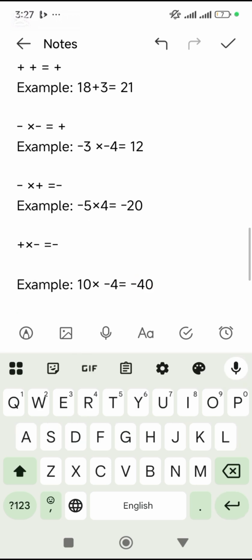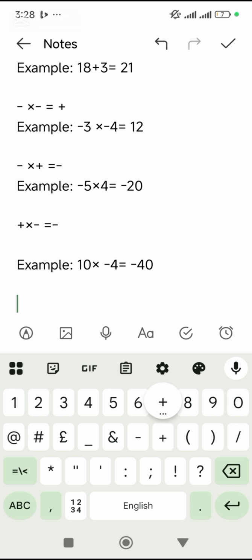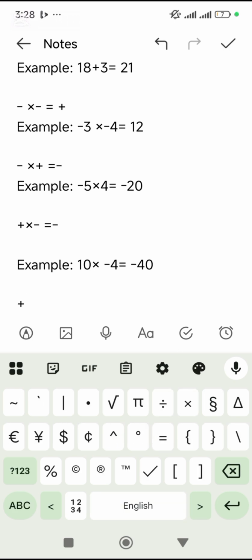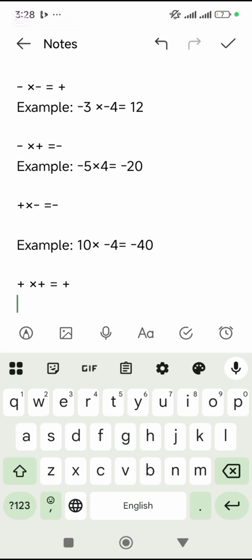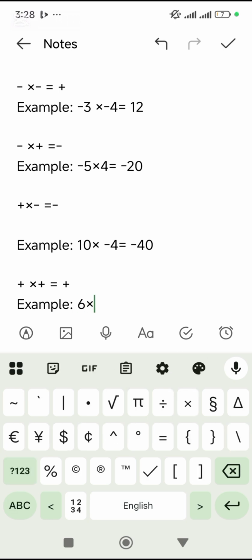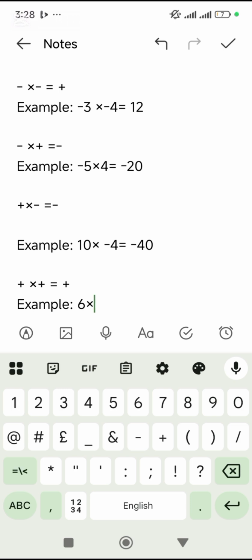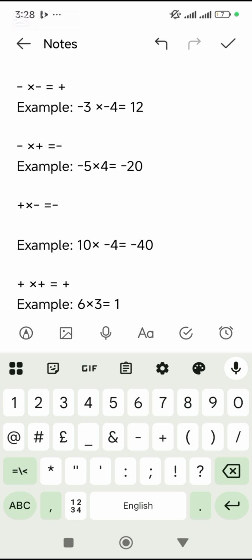Okay, and we can equally have plus times plus, that one is equal to plus. So for example, we can have 6 times 3, and that will be equal to 18.